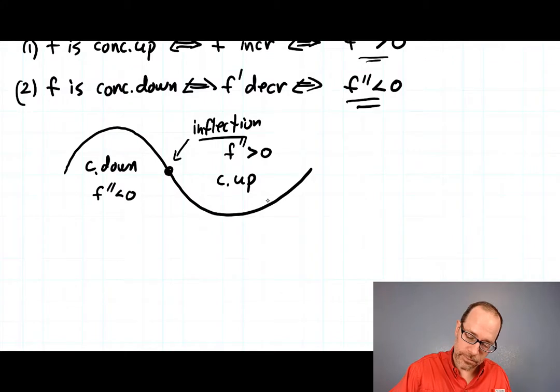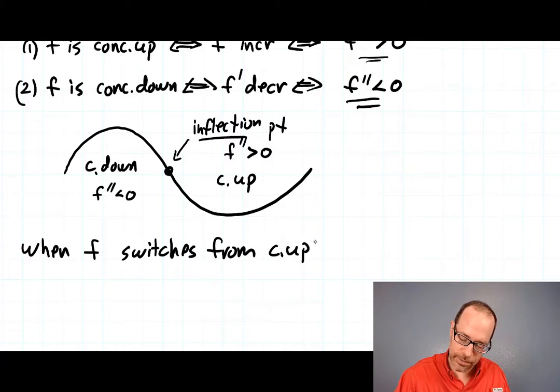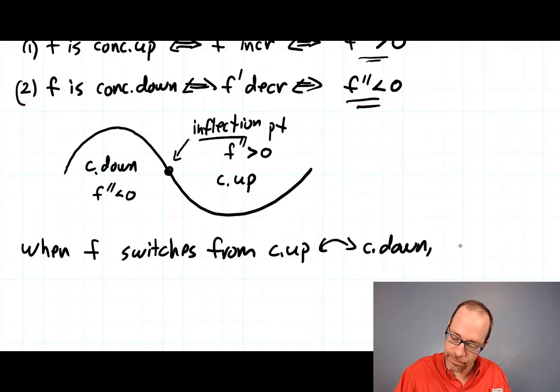So the definition is just this: when f switches from concave up to concave down, or vice versa, you get an inflection point.